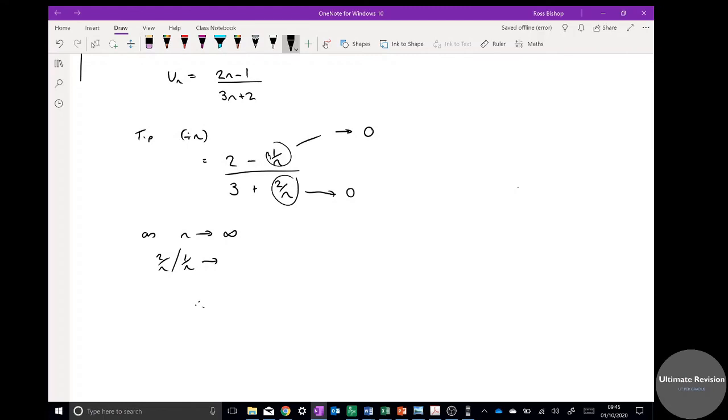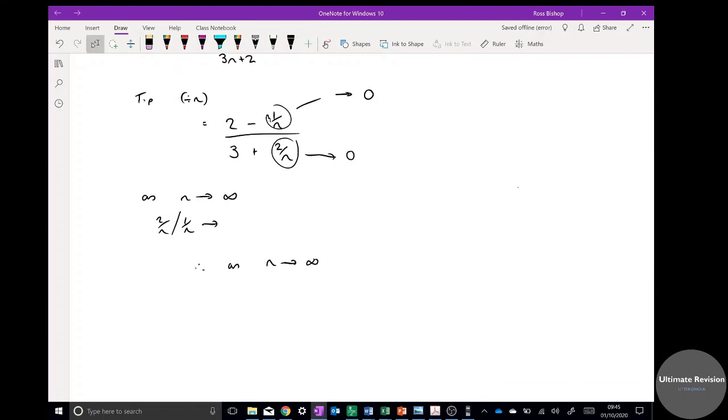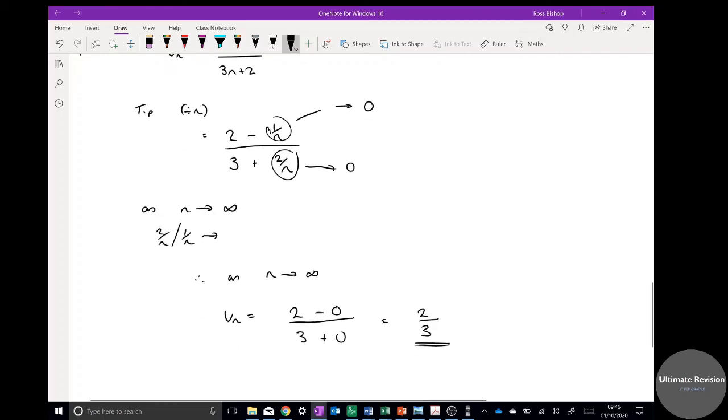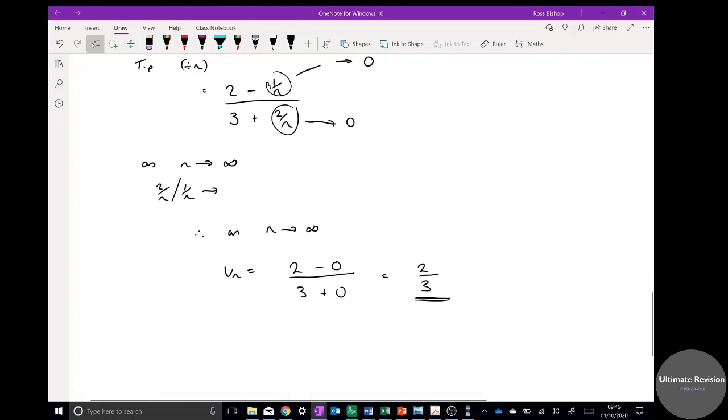So therefore, as n approaches infinity, u_n, the nth term, tends towards (2 plus 0) over (3 plus 0). It's going to go towards 2/3, 0.666. That is my answer.